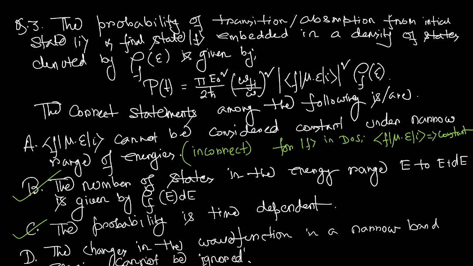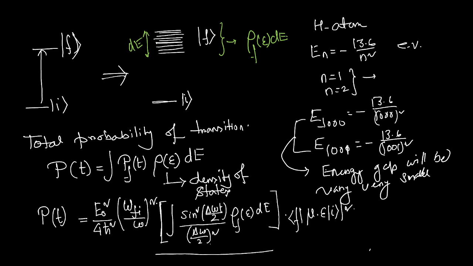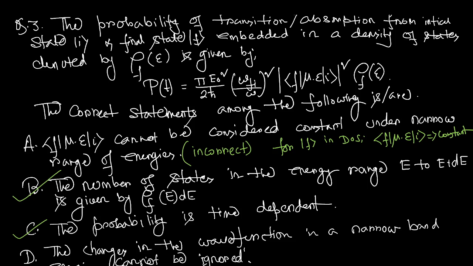Now, can the change in wave function in a narrow band of energy be ignored? It can be ignored because, as I told you, at high quantum number values the density of the state is so high that the change in wave function with excitation is not so significant. So when the state is embedded in a density of state, the wave function can be written as an average wave function.